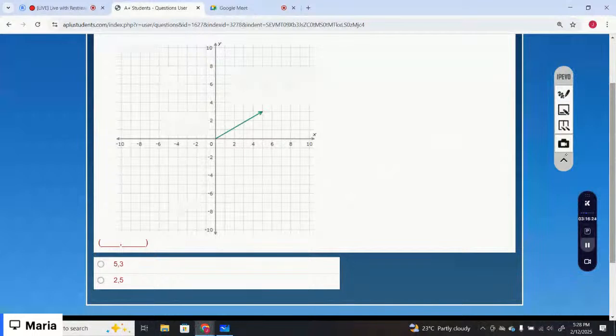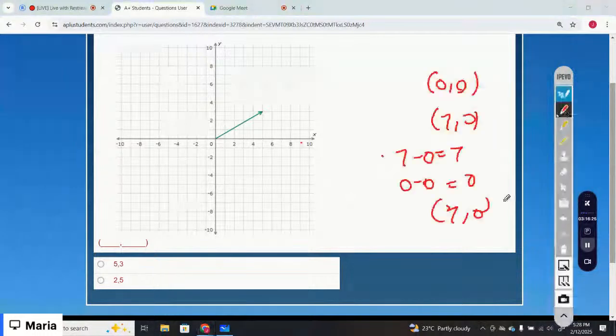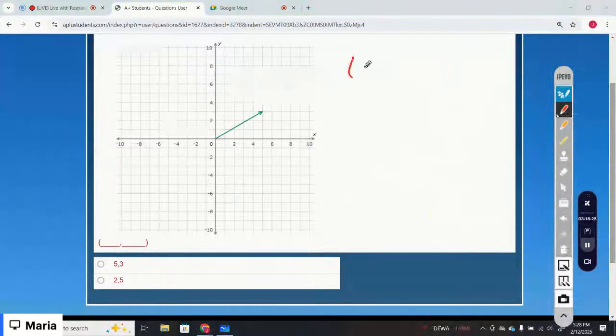The initial point of the vector is at 0, 0, and the terminal point is at 5 and 3.